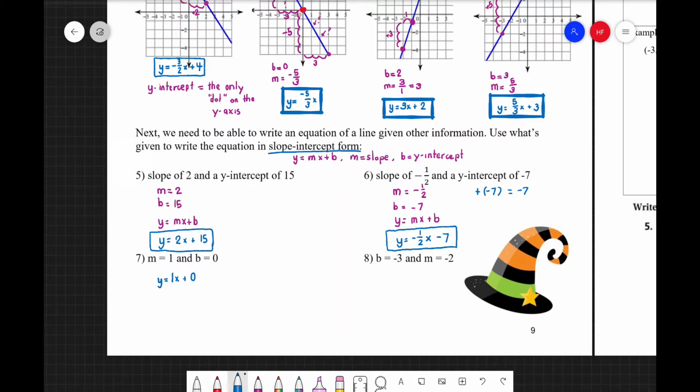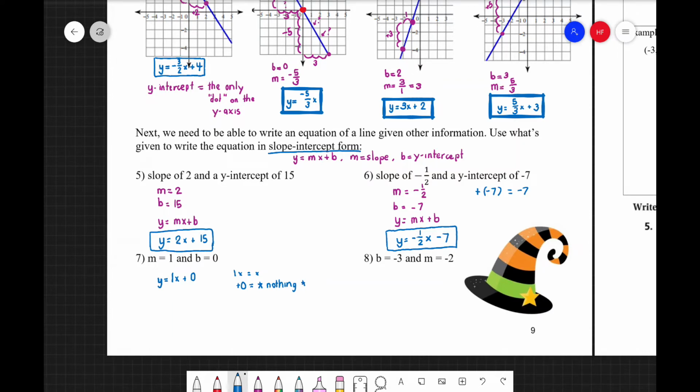No. Do I need to write 1x as 1x? No. So both of those things are implied. 1x is the same thing as x. Plus 0 is the same thing as nothing. So writing nothing would imply plus 0.